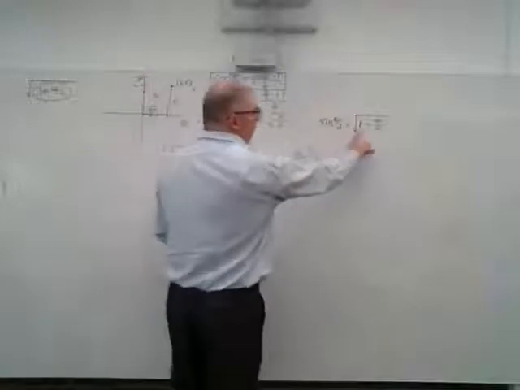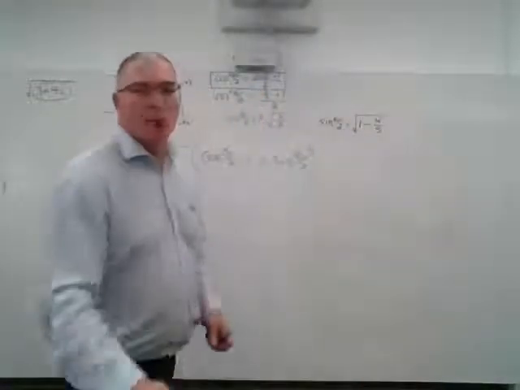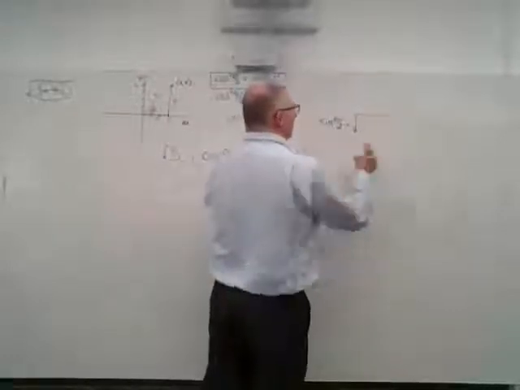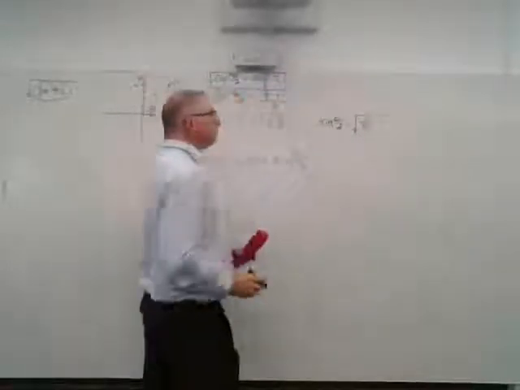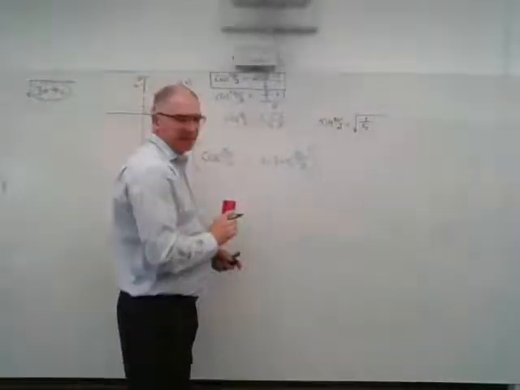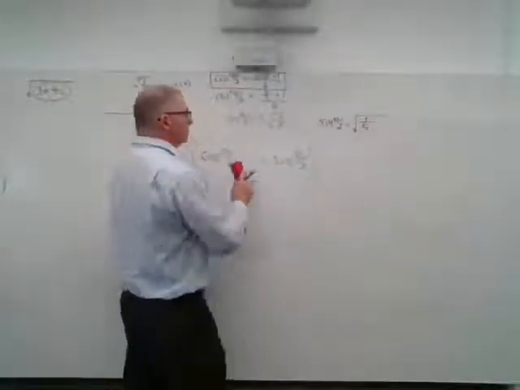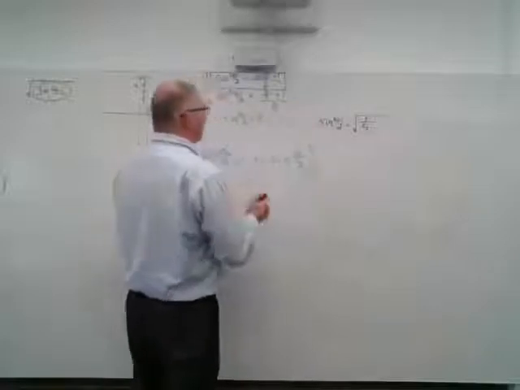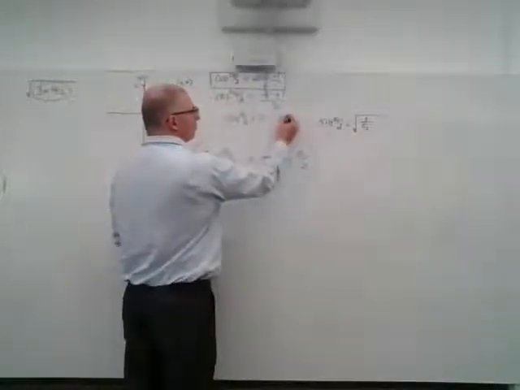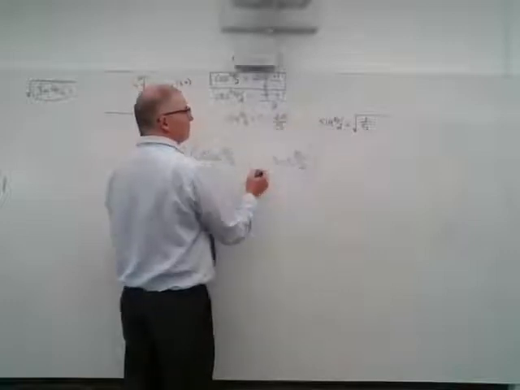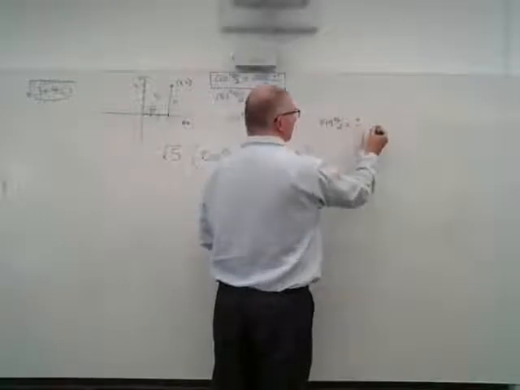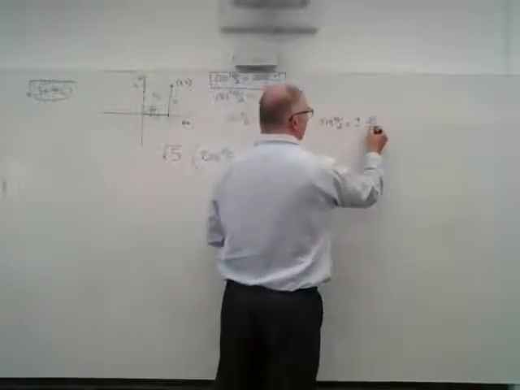So the square root of 1 minus 4 on 5 is the square root of 1/5. So I can find that out fairly easily. And what I might do is write these in simplified form. So this one here is plus or minus 2 root 5 on 5. And this one here is plus or minus root 5 on 5.